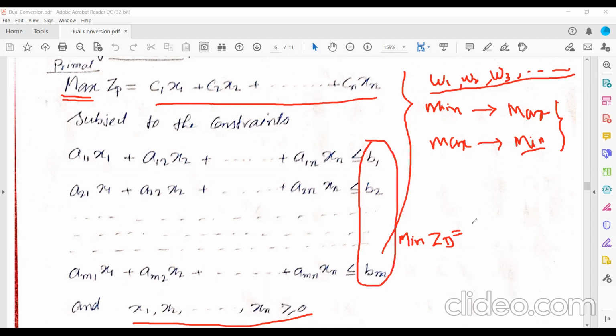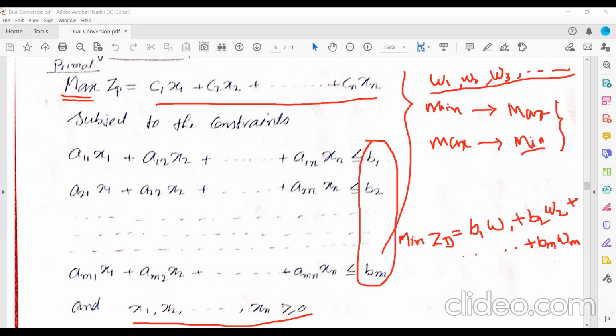The objective function will be b1 w1 plus b2 w2 plus dot dot plus bm wm.